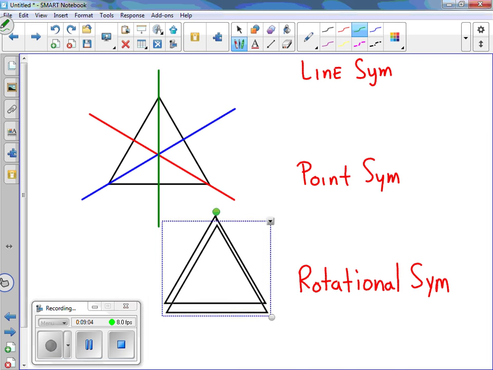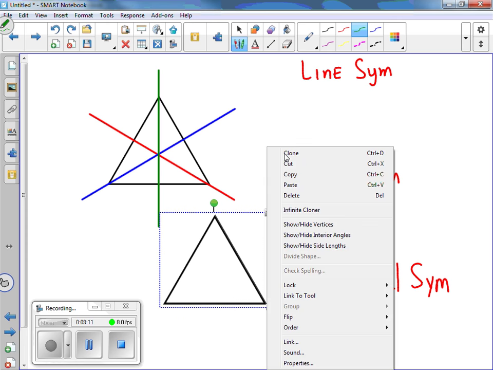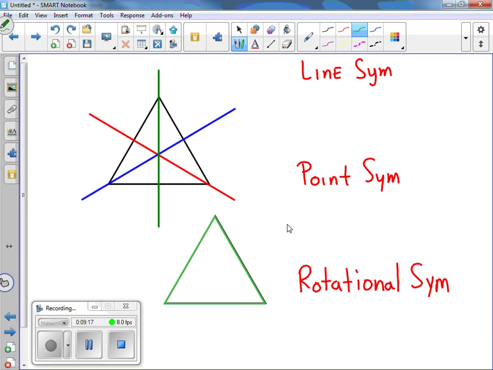What you could do is take another piece of paper and put it on top of your paper and copy it. Now, I'm going to change its color so that I can see what's going on. You could just put it on top of another piece of paper, and then rotate it around and see if it has rotational or point symmetry. Point symmetry would be once I rotate it 180 degrees, it's back onto itself, and that's clearly not good.